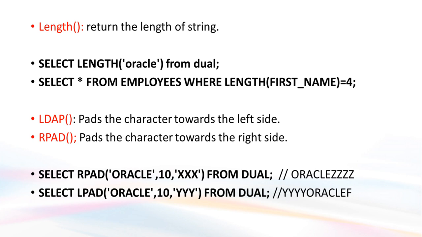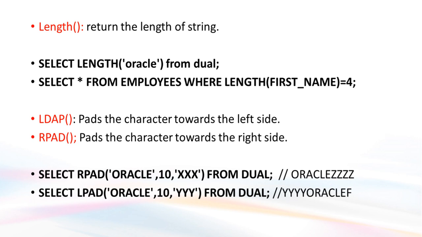Now the returned value will be like this. Total should be 10 characters: 1, 2, 3, 4, 5, 6, 7, 8, 9, 10. And in 10 characters, Oracle occupies 6 characters. So 10 minus 6 is 4, right? So the rest of the 4 places, it will add the padding characters, basically xxxx.